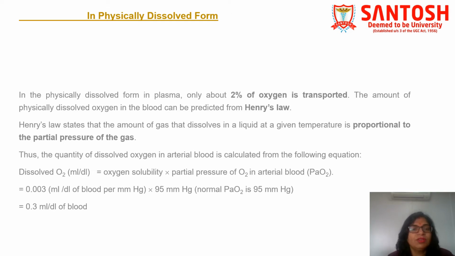Dissolved oxygen is equal to oxygen solubility multiplied by partial pressure of oxygen in arterial blood. Oxygen solubility is 0.003 ml per deciliter of blood per mmHg multiplied by 95, the partial pressure of oxygen in arterial blood. So, it comes out to be 0.3 ml per deciliter of blood.